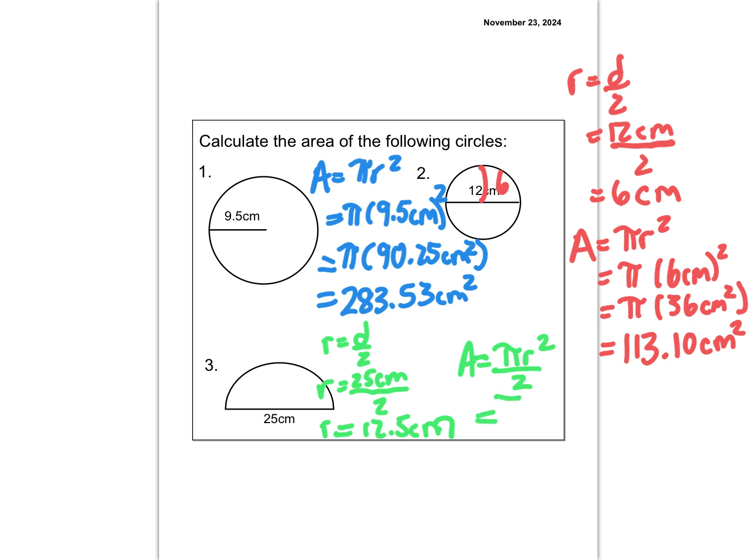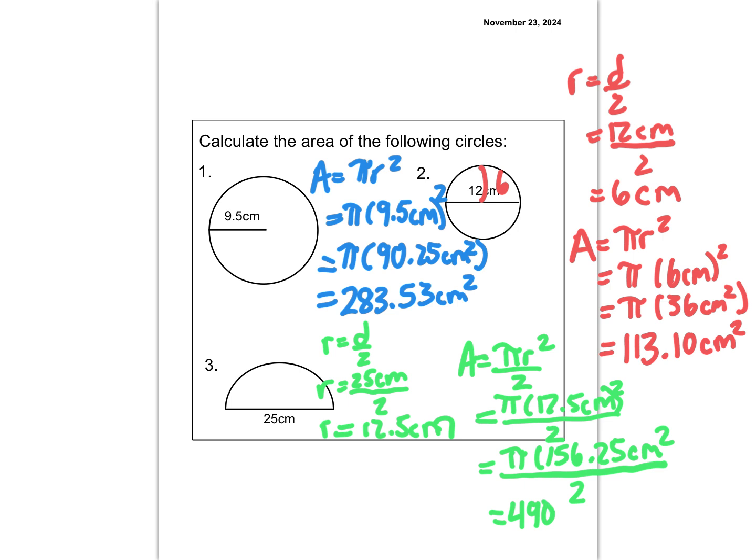So if I have pi and I put in 12.5 centimeters, we're going to square it, and then divide by 2. I get pi times, and if I square 12.5 here, I end up with 156.25 centimeters squared. And then we're going to divide by 2. So it'll get a little bit easier in a second. If I multiply that by pi, I'd end up with 490.87 centimeters squared, but I need to divide that by 2.